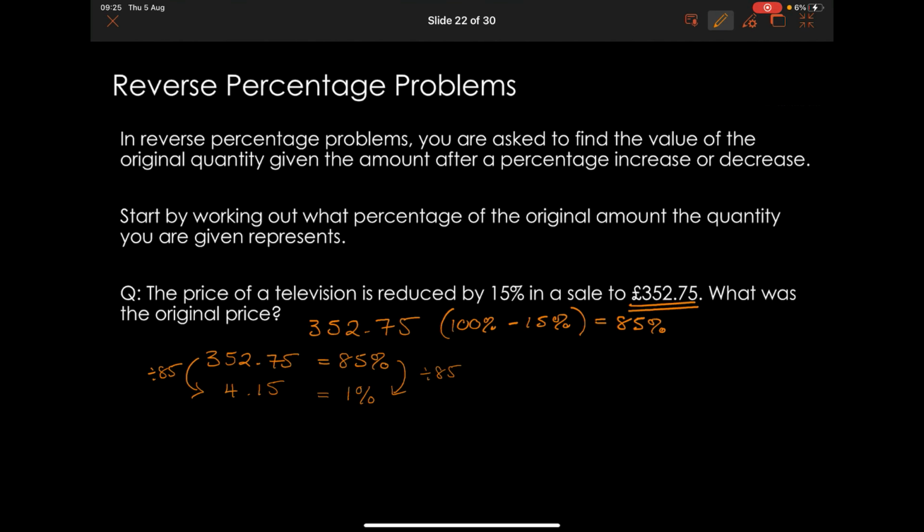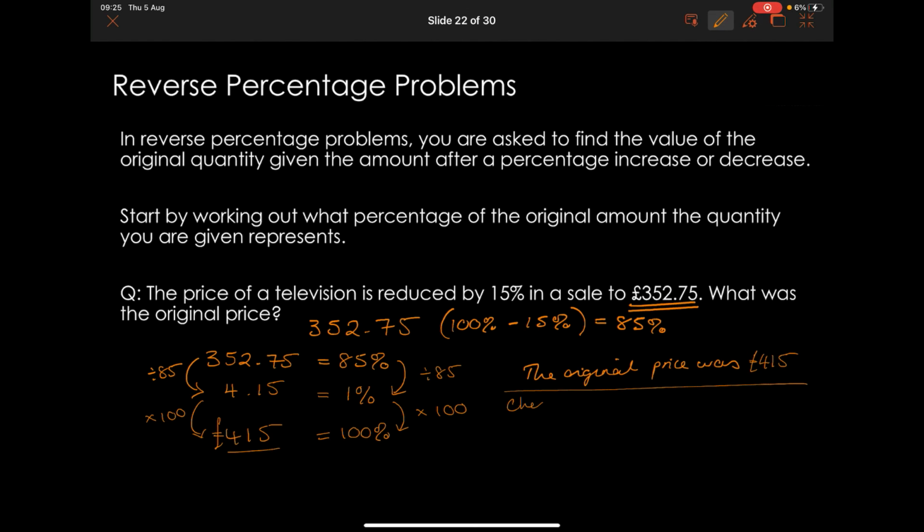Okay, so that means that 1% was £4.15. To get my 100% now, I'm just going to times that by 100. If I times that by 100, it gives me £415. Okay, so the original price was £415.